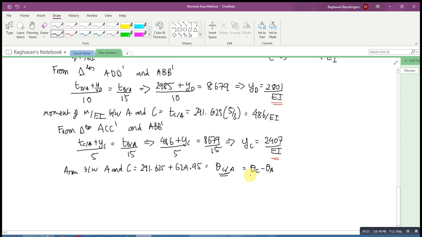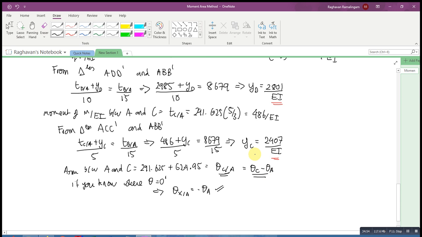So this is where it becomes useful that if you know where theta is equal to 0 degrees, then you know theta A, for example, is equal to theta CA, because one of them is 0. So you cannot absolutely find out what the slopes are. You can only find out the difference of the slopes.